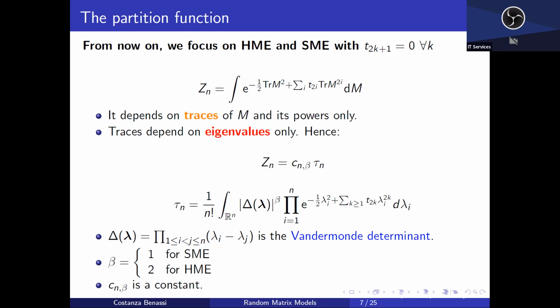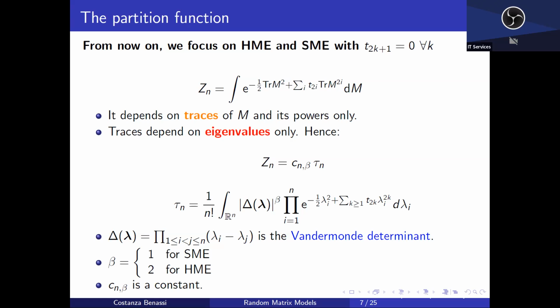And this is a very well-known result in the literature, and the idea is that you can recast Z in this form here, where you have a Vandermonde determinant to some power. The power depends on the matrix ensemble you're looking at. It would be 1 for SME, so symmetric matrices, and 2 for HME, Hermitian matrices.